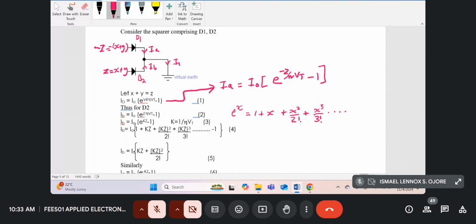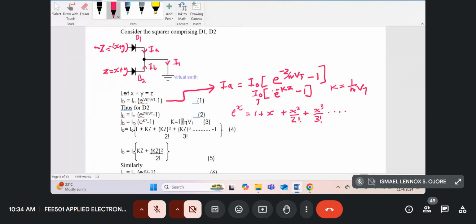And then I can apply Euler's relations. First of all, I have to substitute. Let me do it in 2 steps. This will be e to the minus kz, minus 1, because k is 1 over eta Vt. And that's when I now apply Euler's relation.